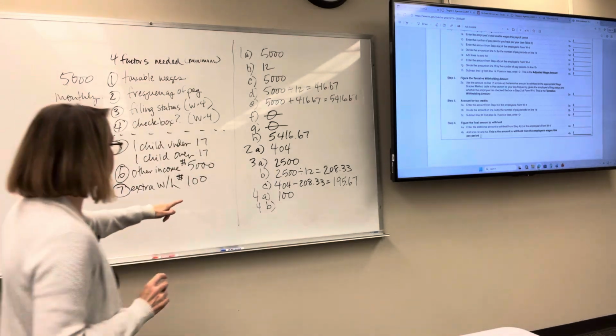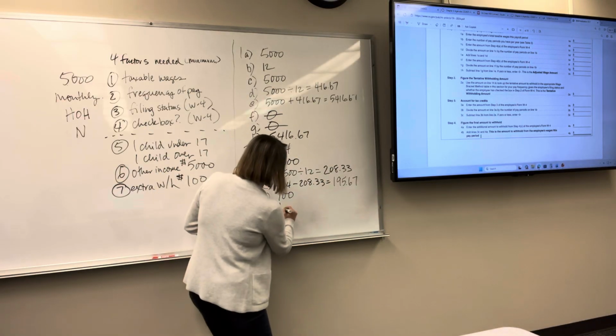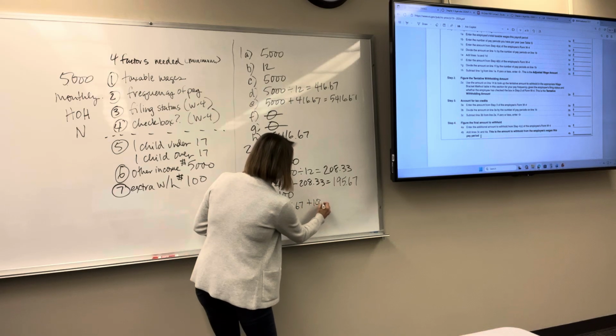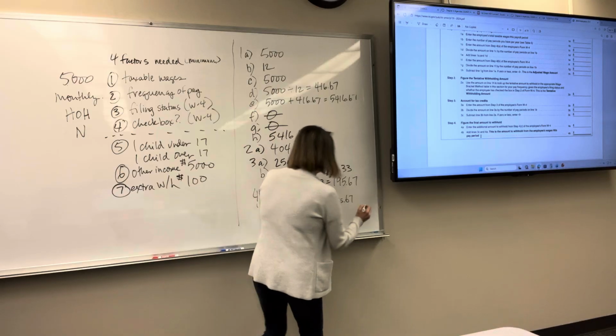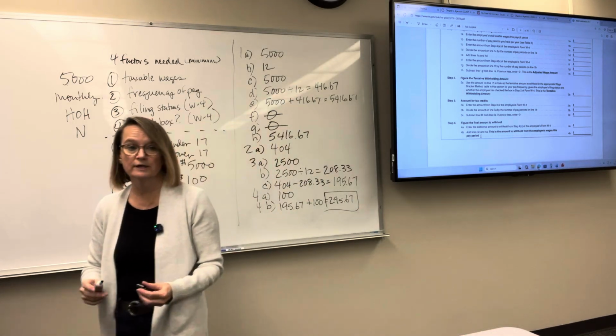Add lines 3C and 4A. So 195.67 plus 100. They're going to have $295.67 withheld from their paycheck.